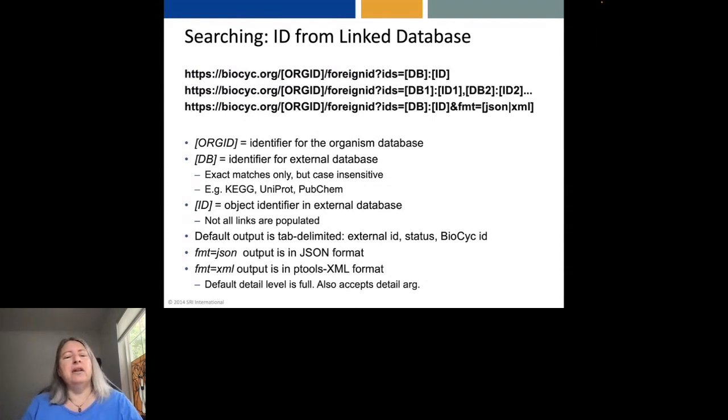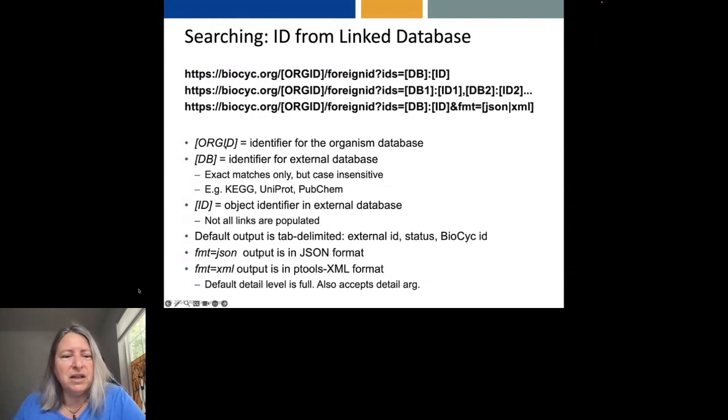Our BioCyc databases contain a lot of links to various other databases. We do not contain complete linkage to other databases. So just because you can't find something under some ID doesn't mean that we don't have that object in our database. It just means we don't have that object with a link to your database. But we do have a lot of links.